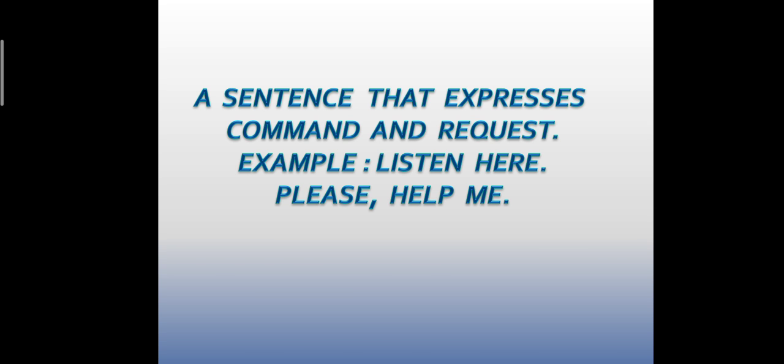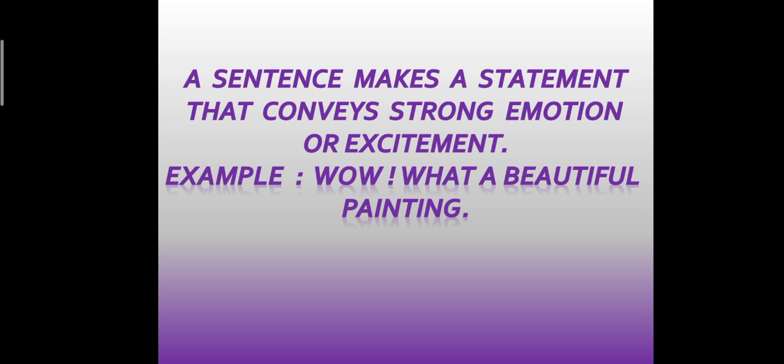Now going to the last type of sentence. Yes. This sentence has something to do with our emotions. Which are our main emotions? Okay, yes, anger, happiness, wonder, surprise, etc. So, an exclamatory sentence is a sentence that expresses great emotions like excitement, surprise, happiness, anger.